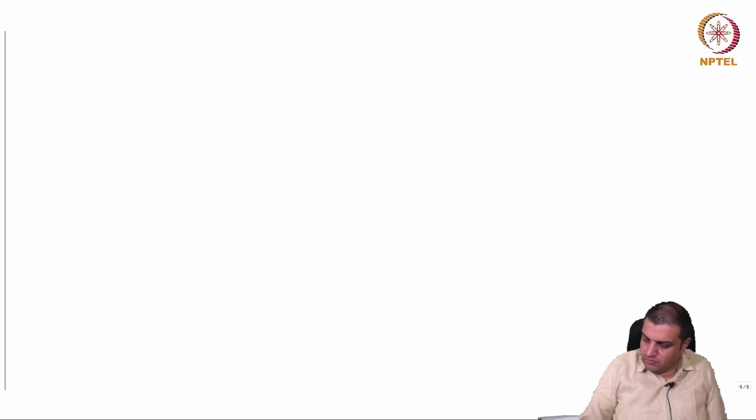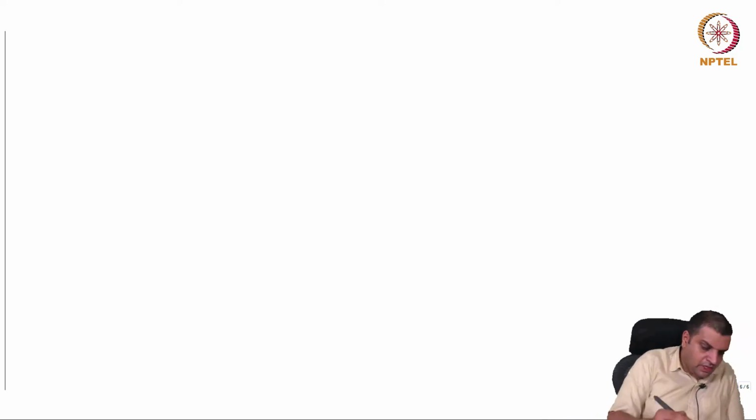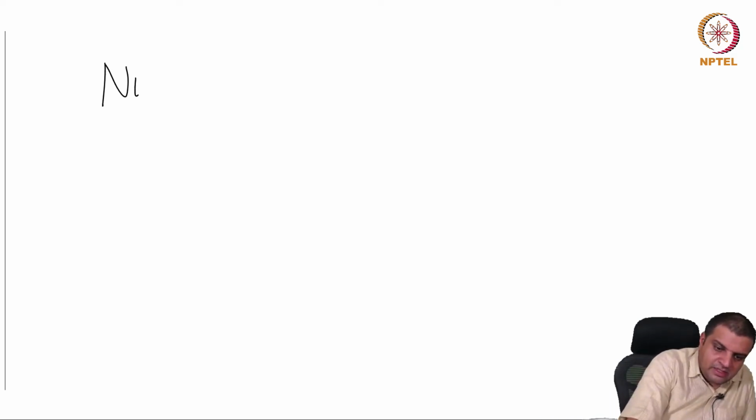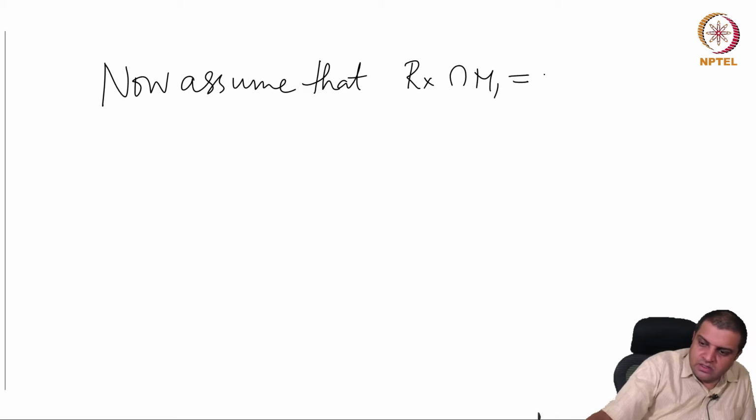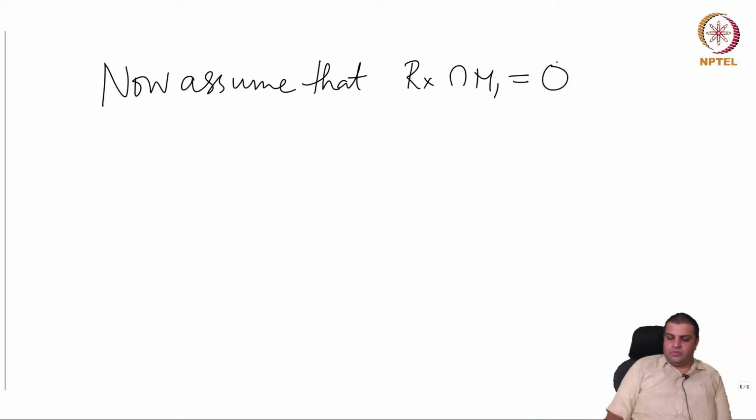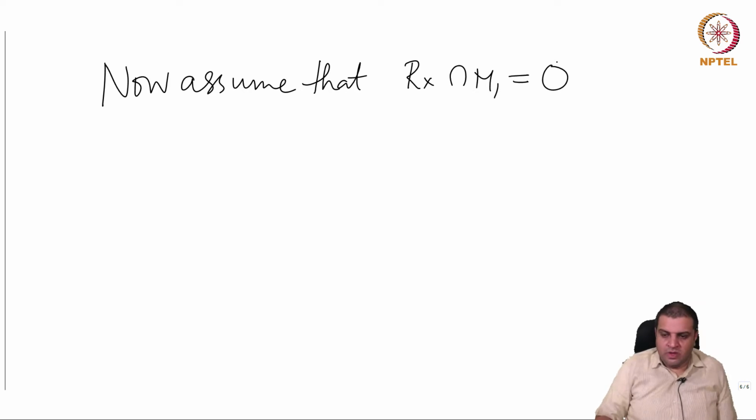Okay. So now assume that Rx intersect M1 is 0. Okay.